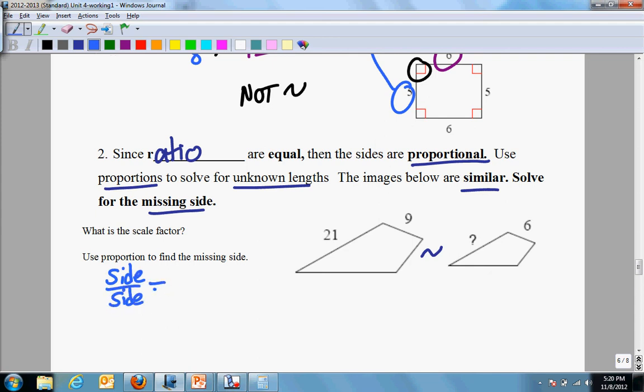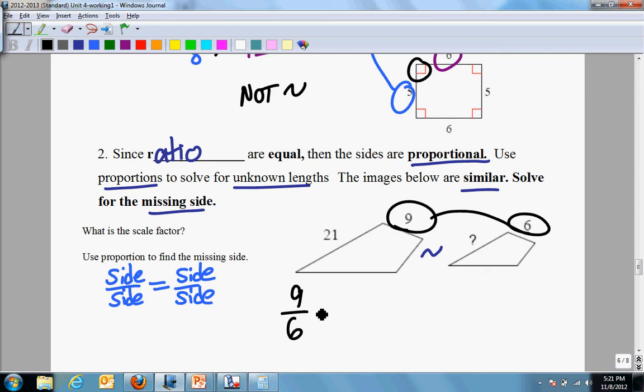If things are similar, this is true, equals side over side. So let's start. Side over side. I'm going left to right. And if I start left to right, I have to finish left to right. Equals side over side.